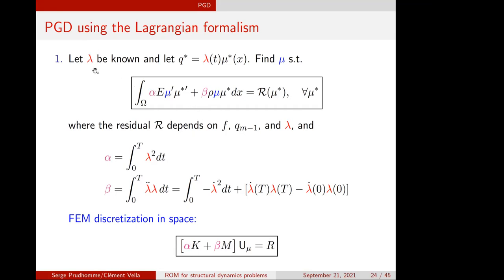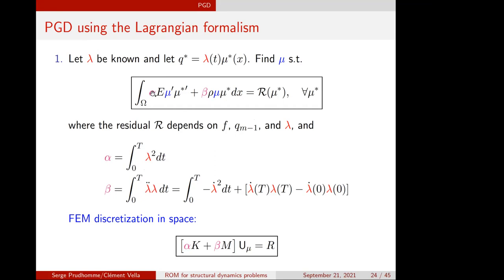So here, we assume first that lambda is known. We have our test function, which is going to be lambda mu star, where mu star is the test function with respect to x. When we introduce this into our equations, this is what we obtain. The idea is that now we have a problem in mu that depends only on x, because thanks to the separation of variables, we have coefficients that we can evaluate.